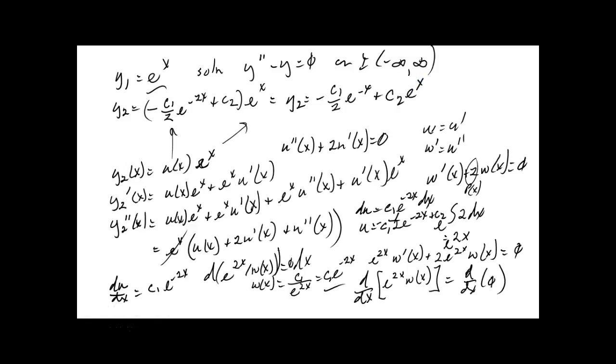There's our second solution. Now, our first solution already had an e to the x in it. So we really don't need the second e to the x, so we're going to let this c2 be 0. We don't need another term with e to the x.